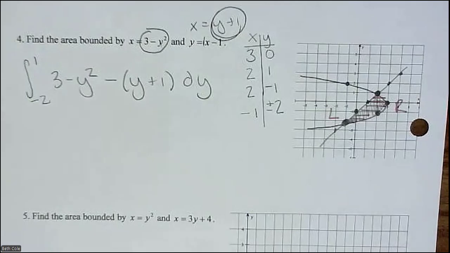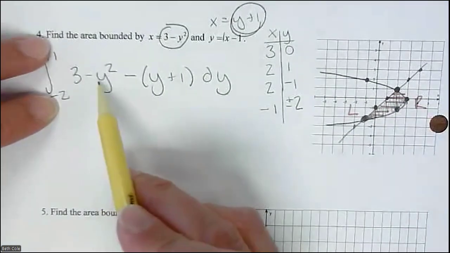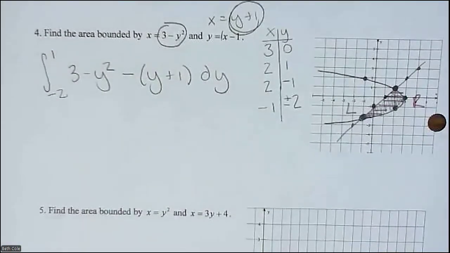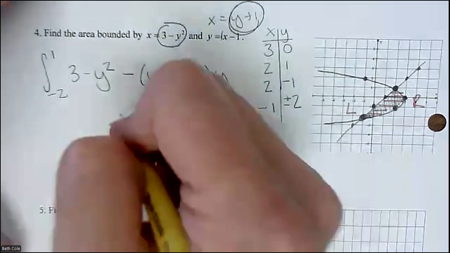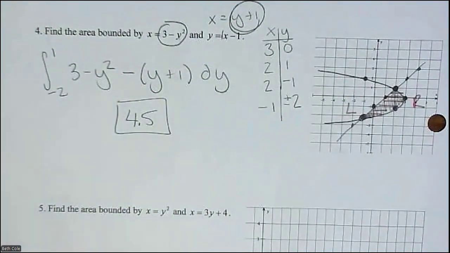So watch me point to this. These boundaries are y values. Everything in here is y. And then at the end, it says dy. Do you see how it's uniform and consistent? For the sake of time, because we did a couple of antiderivatives already, and you're going to do it in your classwork, I'm going to just go ahead and tell you that the answer is 4.5, but that should make sense why.